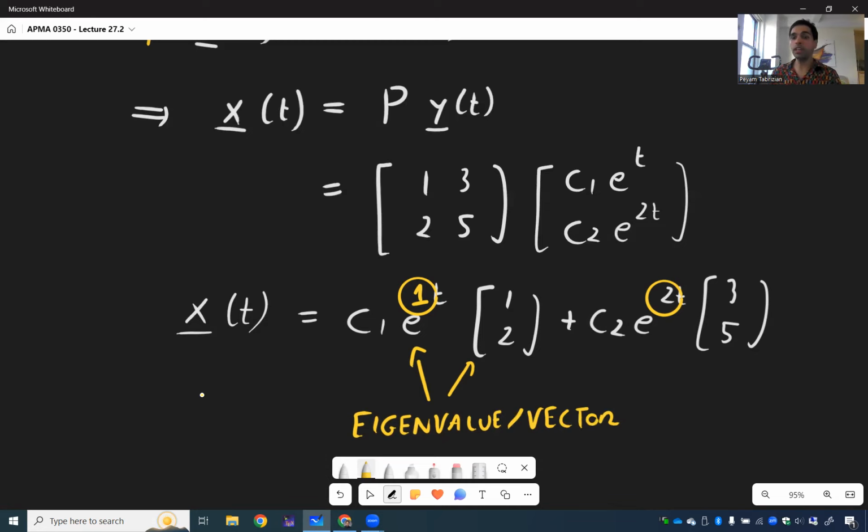And more importantly, it illustrates the power of linear algebra. Because what did we have? We had a completely coupled system that was hard to solve, but using this diagonalization, we effectively decoupled the system. And we were only able to do that because of the beauty of linear algebra. So how cool is that?